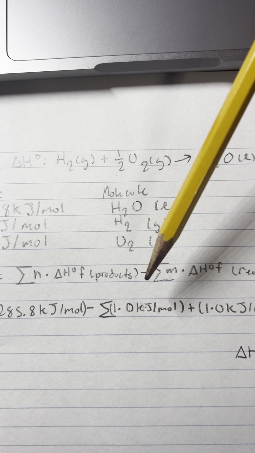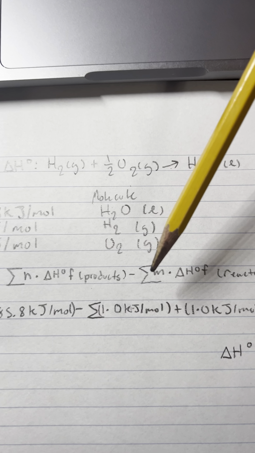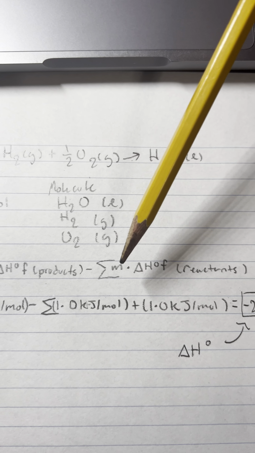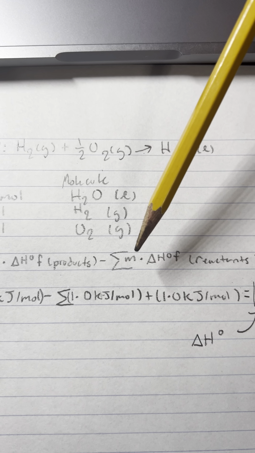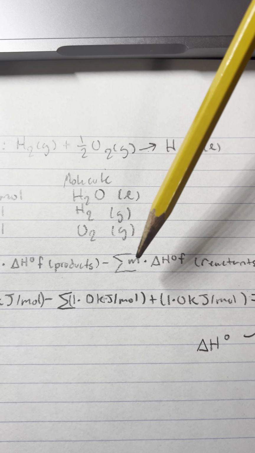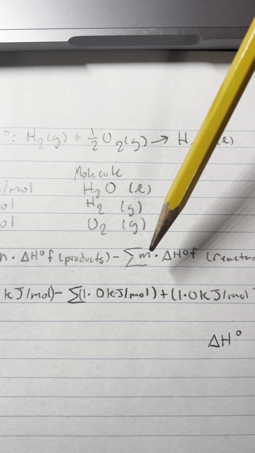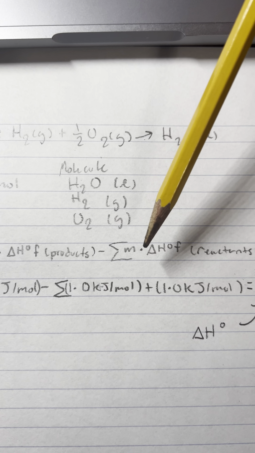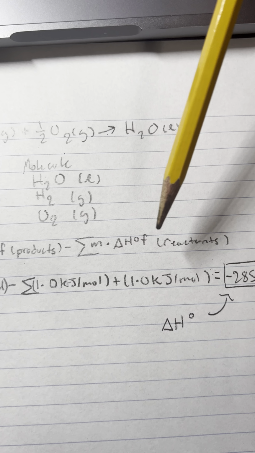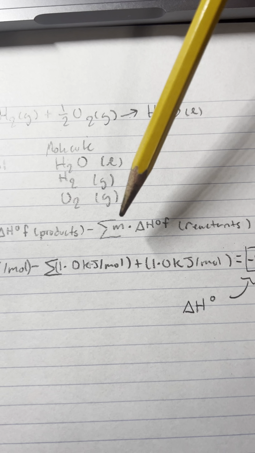And this will be subtracted by the sum of the very exact same thing, but on the other side, with m being the amount of moles in the reagent and multiplied by its enthalpy. And yeah, this is the reactant side.